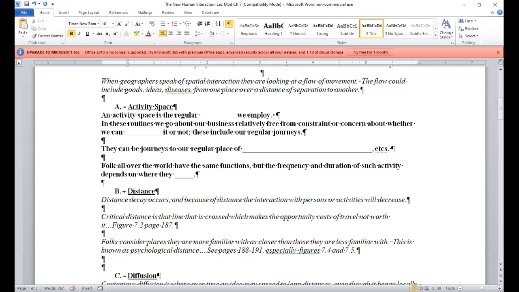Psychological distance: folks are more familiar with places that they're familiar with. Places they're familiar with appear closer than those they are less familiar with. On pages 188 to 191, there are some mental maps. I would encourage you to look at those.